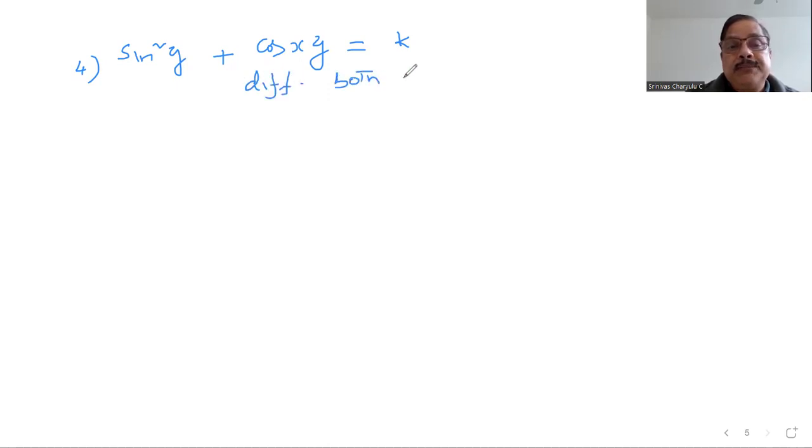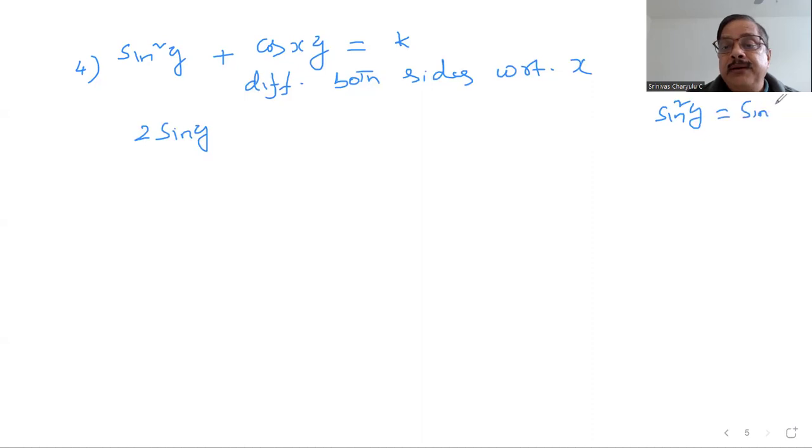Differentiating both sides with respect to x. So sin square y, sin square y differentiation. First we should write for the power. So how do we do this one? 2 sin y, first for the power. Because sin square y, I will explain here for you. It is called sin y whole square.